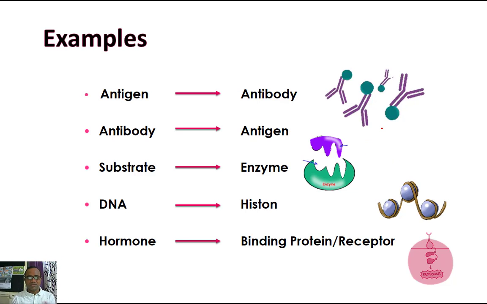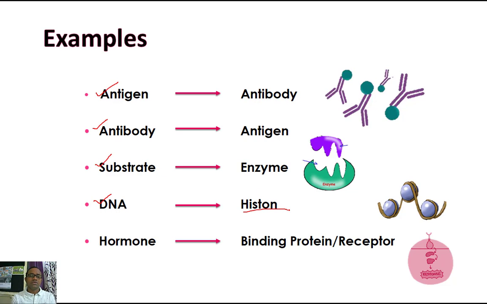See, in case of specificity, we can isolate a number of different biomolecules. The antigen is specific to the antibody, so we can isolate the antibody. Vice versa, antibodies are specific to the antigen, so we can isolate the antigen also. Right? Substrates are specific for the enzymes, so we can isolate the enzymes also. Right? To isolate the DNA, we need the DNA binding protein, that is the histone.